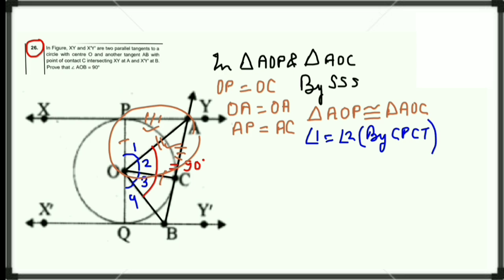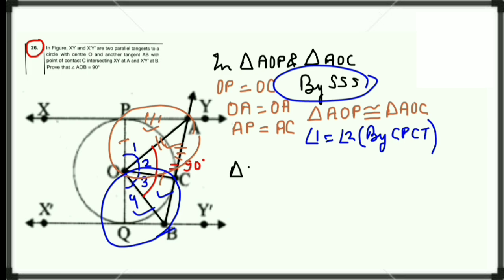Similarly, by applying the same criteria, we can conclude these two triangles, triangle BOC and triangle BOQ, are also congruent. So the same thing should be written over here. Triangle BOC congruent to triangle BOQ.